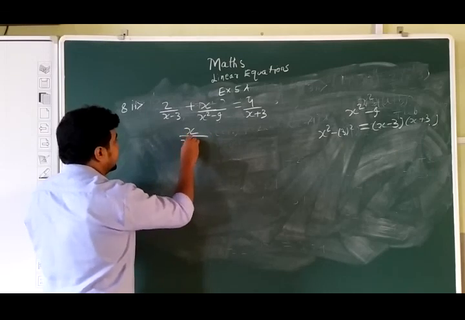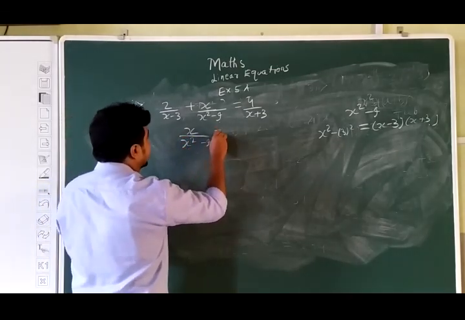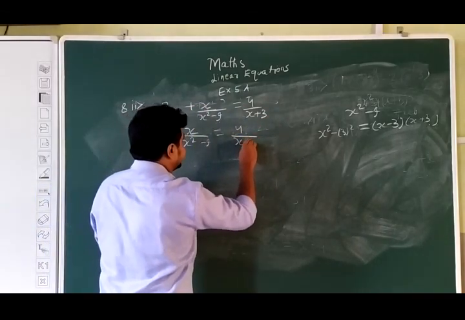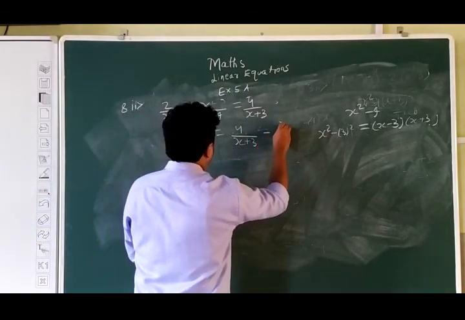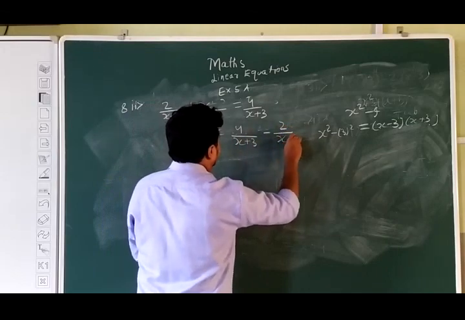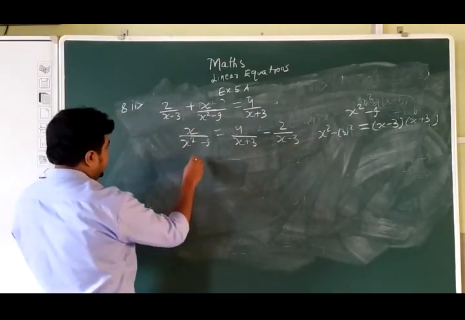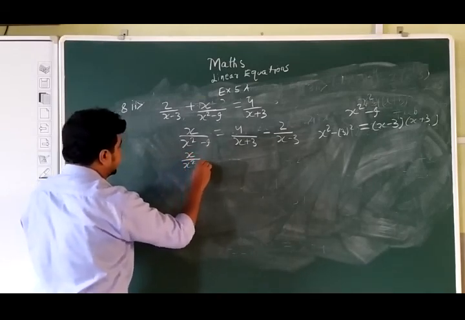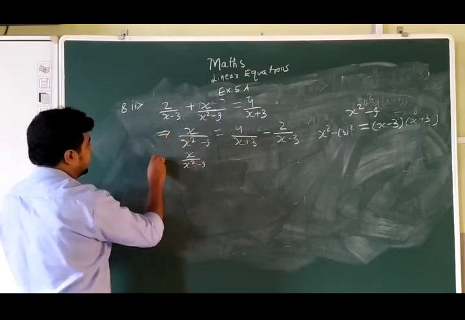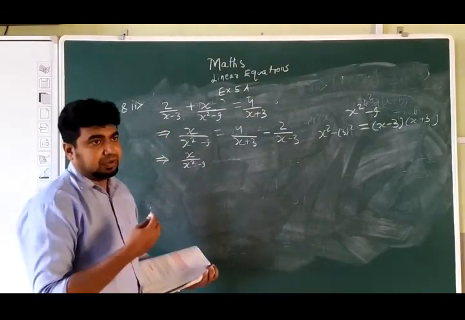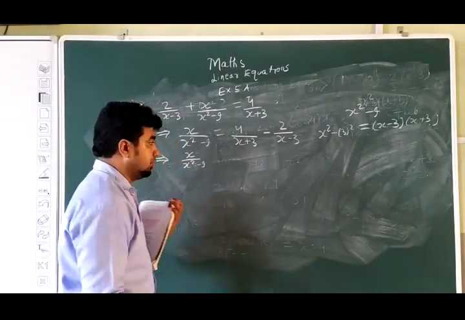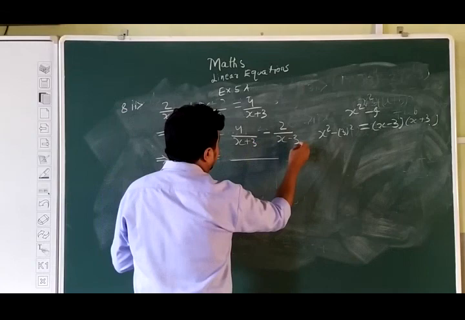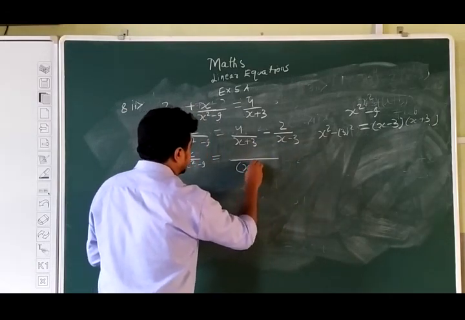x by x square minus 9. If I take this term to the right side, 4 by x plus 3 minus 2 by x minus 3. So from here, this is x square by x square minus 9. Implies sign we have to give, because in between when we use the equal to sign, we can give implies sign. This is (x plus 3) into (x minus 3).